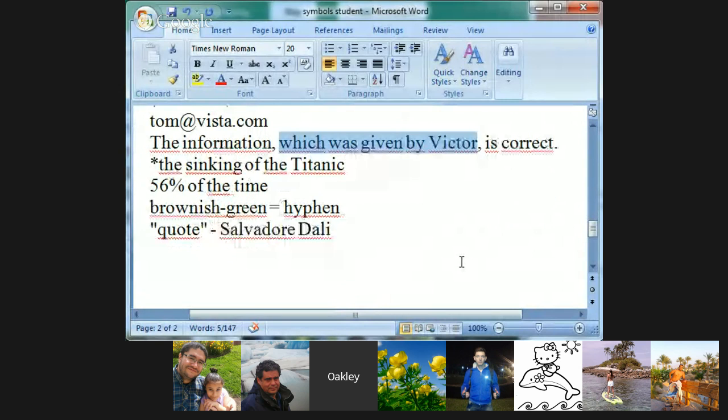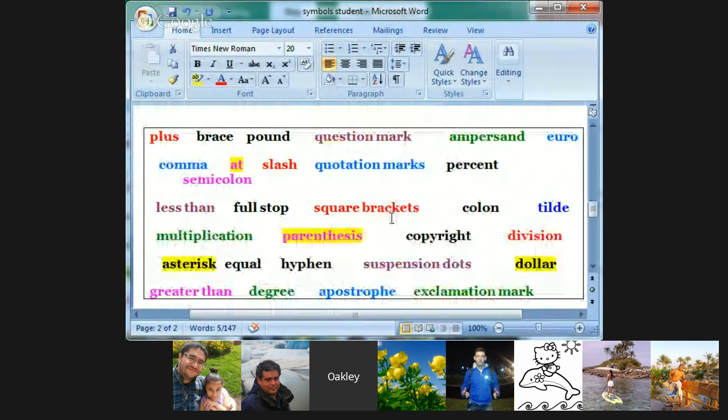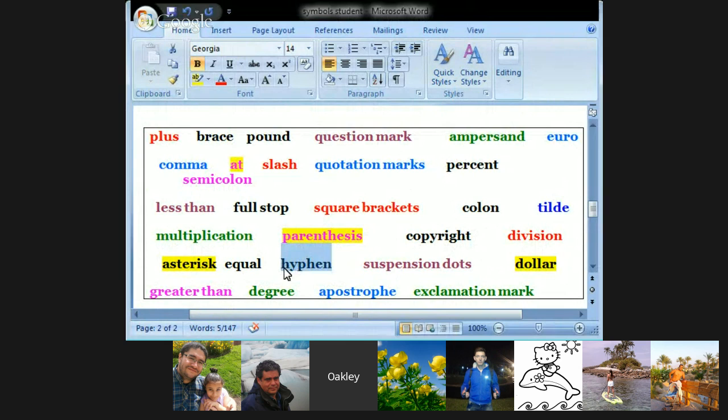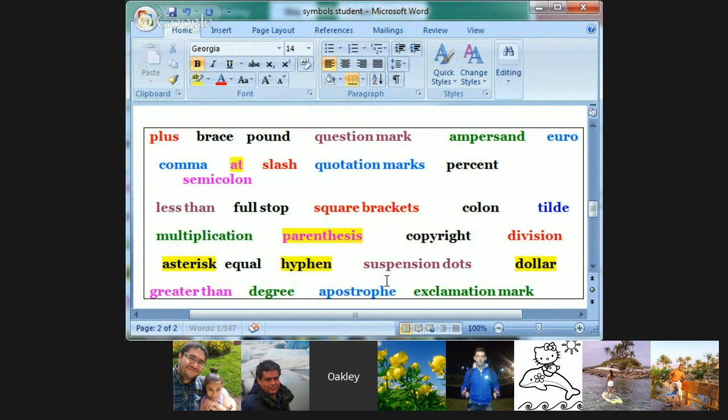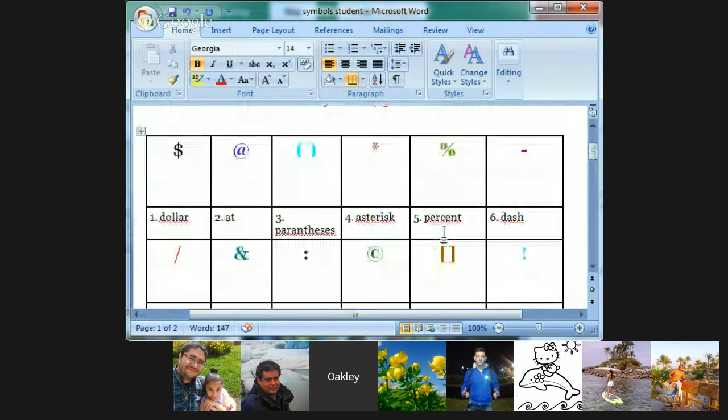Okay. Anyway, there's a dash. All right. Any questions about the dash before I dash on? Okay. We covered hyphen and dash, and minus sign. We did it all.